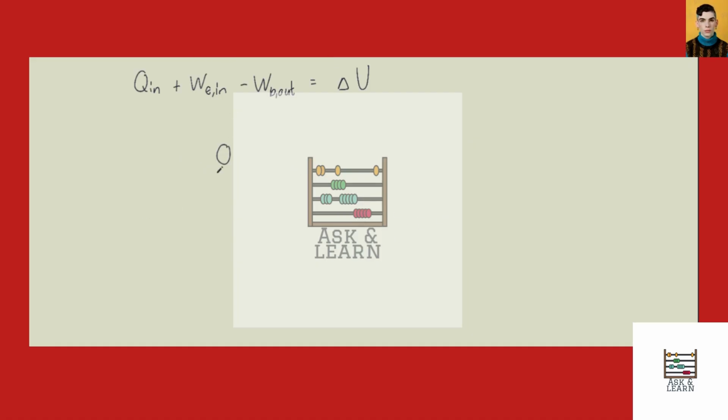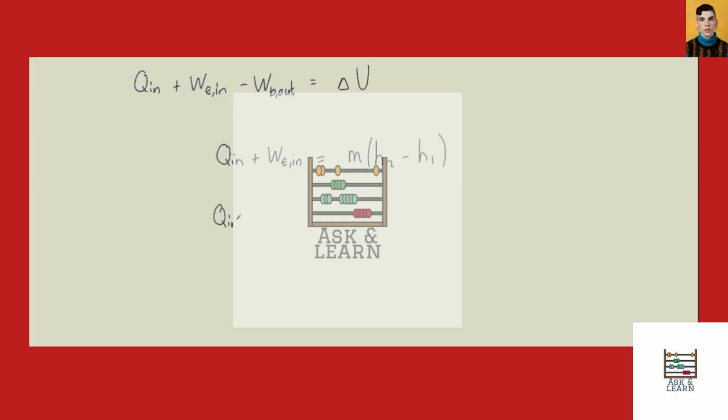If we take the boundary work across, we get the heat in plus the electrical work into the system is equal to delta U plus the boundary work, W_b. But this is equal to m times (h2 minus h1).